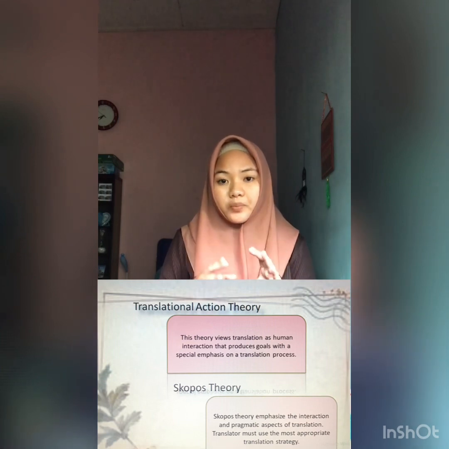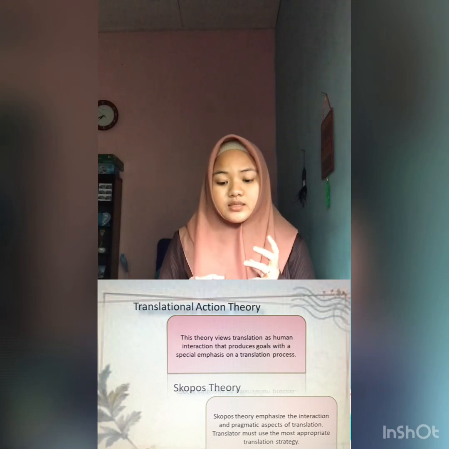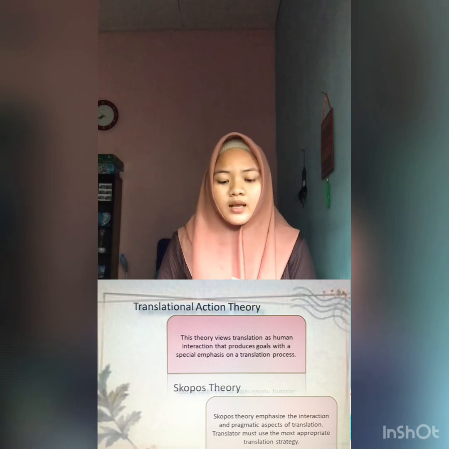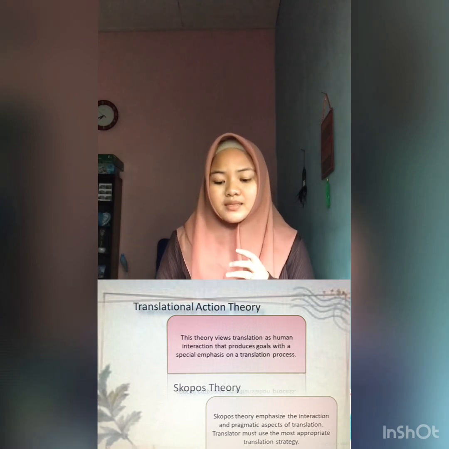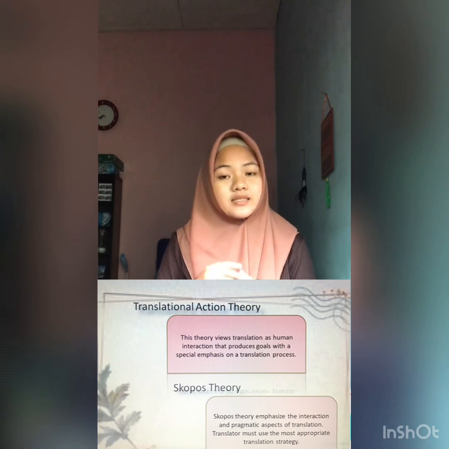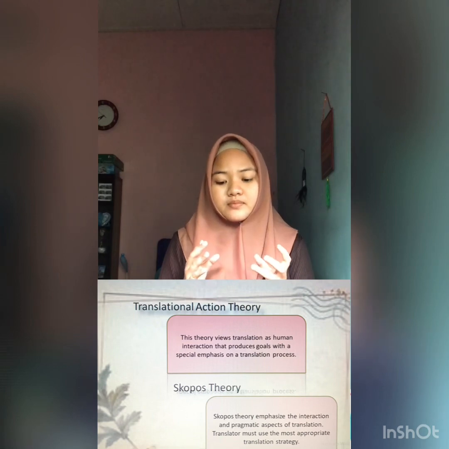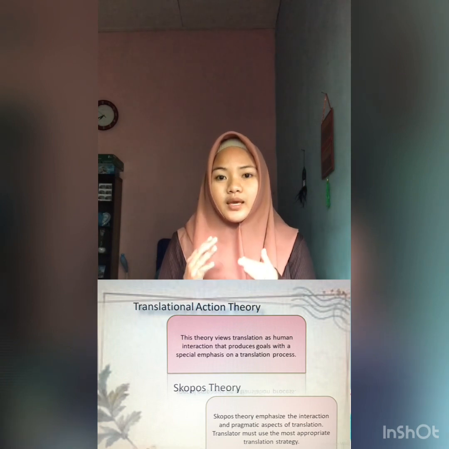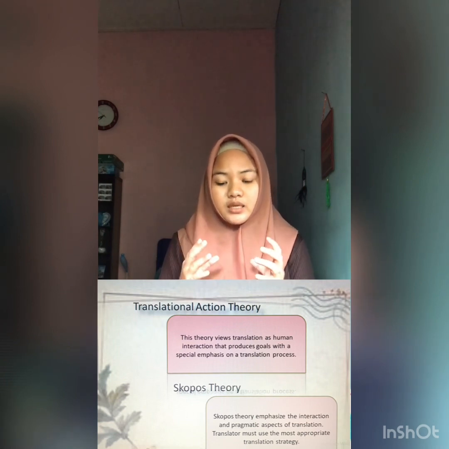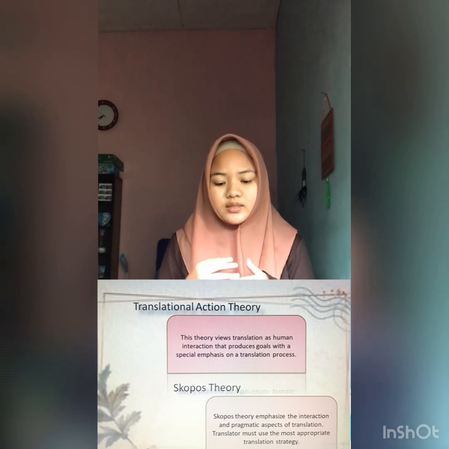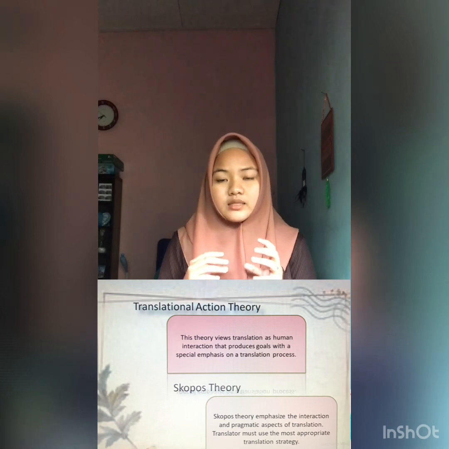The second is scopos theory. Scopos theory emphasizes the interaction and pragmatic aspect of translation. Translator must use the most appropriate translation strategy. So this is the interaction and pragmatic aspect of translation. So how you can find the meaning of what people say, and the translator must have a strategy.